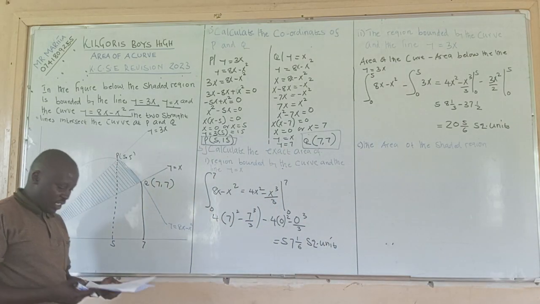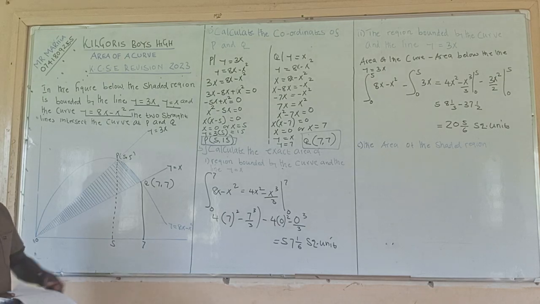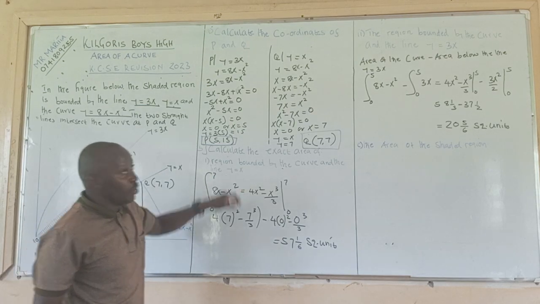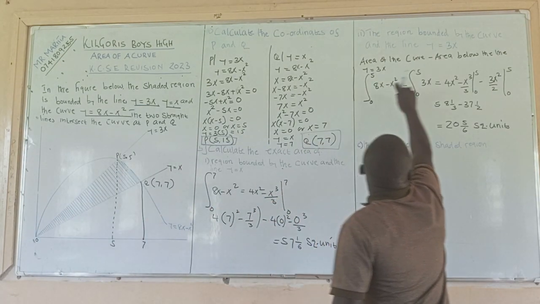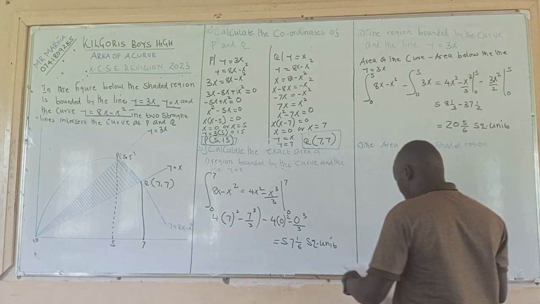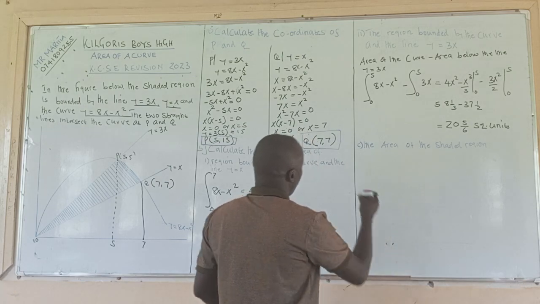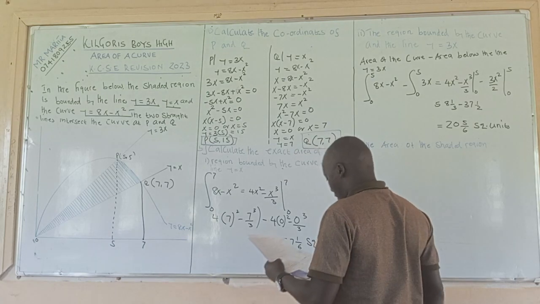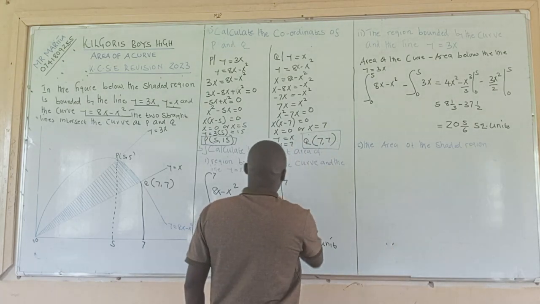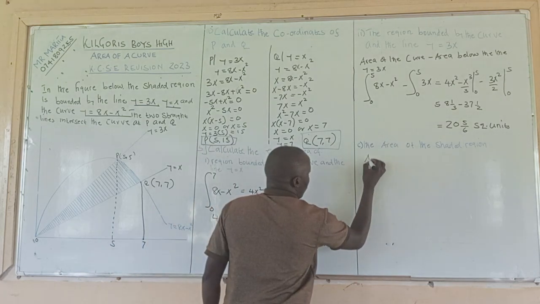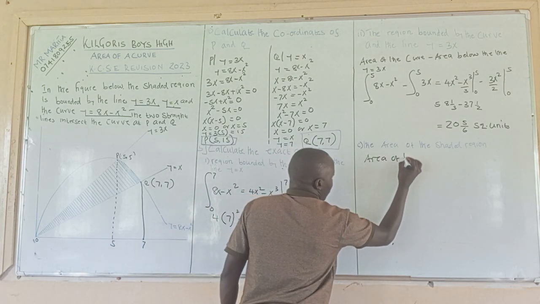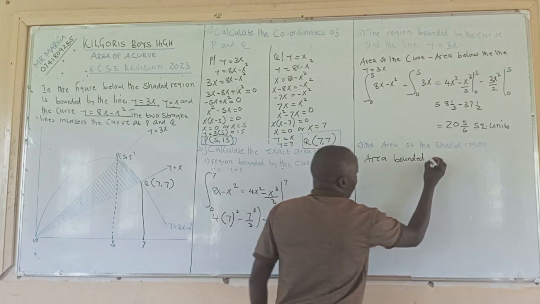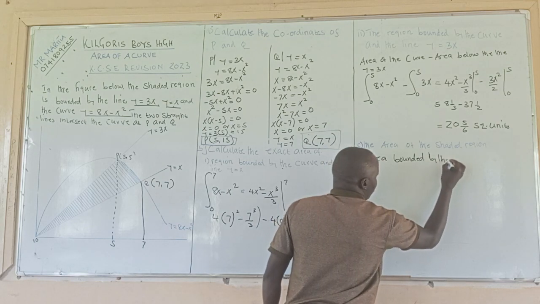So the area of the shaded region is the area bounded by the curve and the line y is equal to x, minus the area bounded by the curve and the line y is equal to 3x.